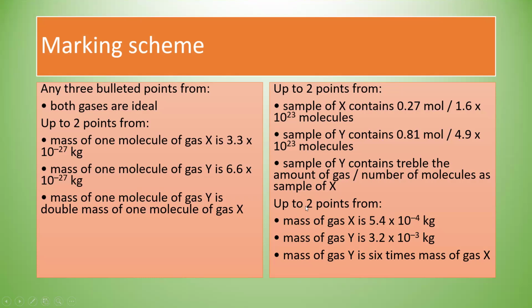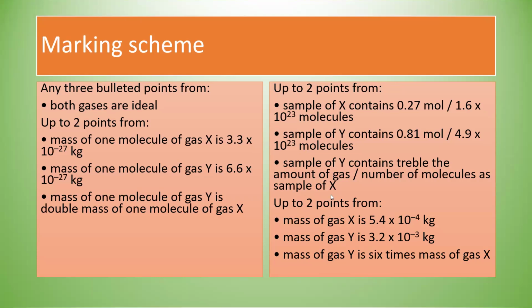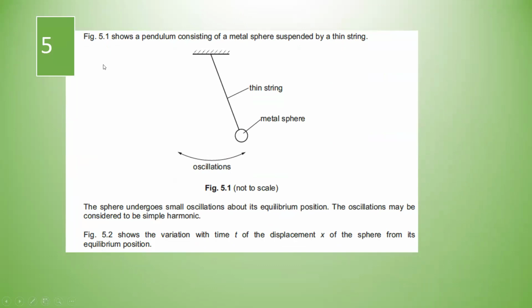Okay, we got less than 1 minute. So see whether we can start or not. Figure 5.1 shows a pendulum consisting of a metal sphere suspended by a thin string. The sphere undergoes small oscillations about its equilibrium position. The oscillation may be considered as simple harmonic.